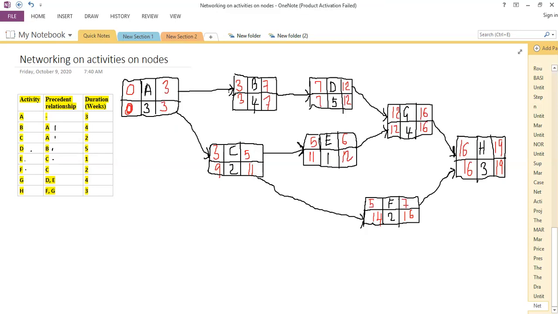Then we identify the critical path, the path that has all the nodes with the earliest start equal to the latest start, the earliest finish equal to the latest finish.